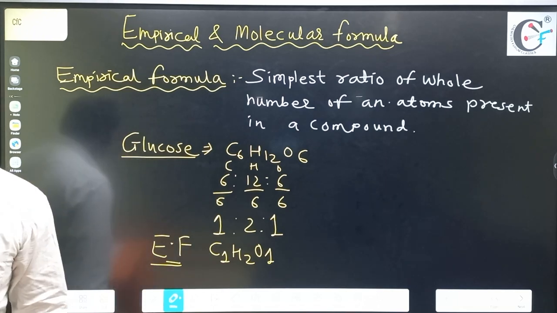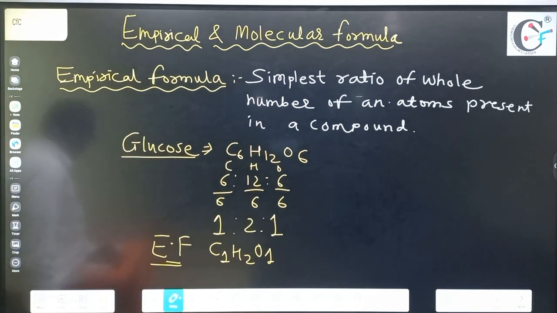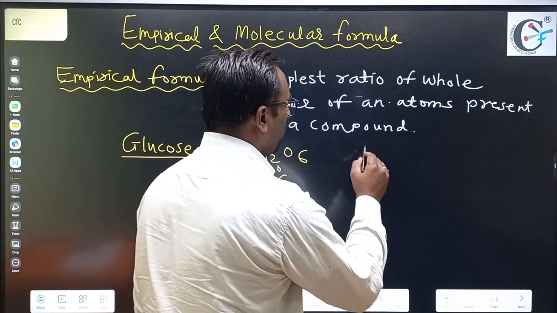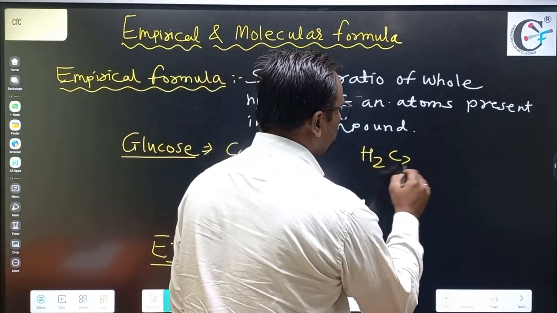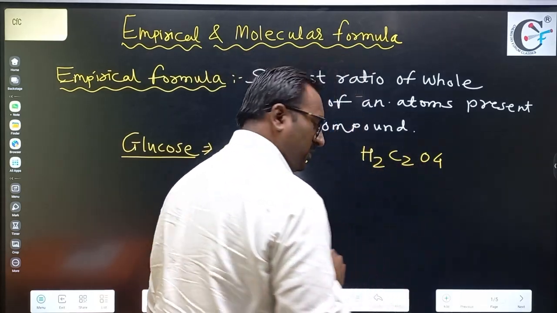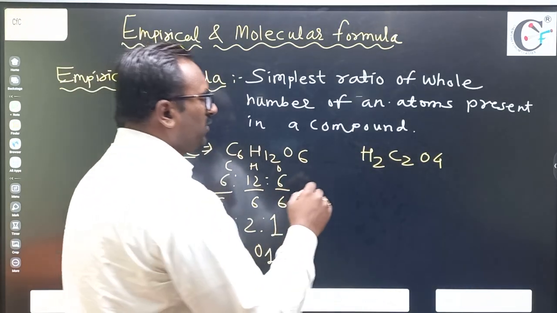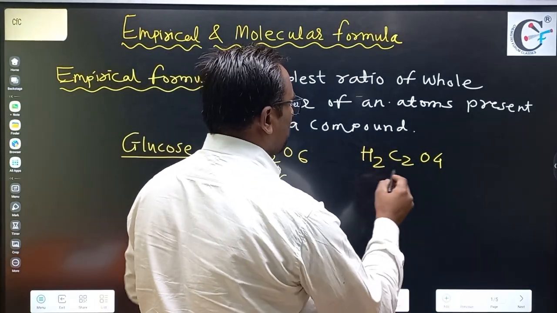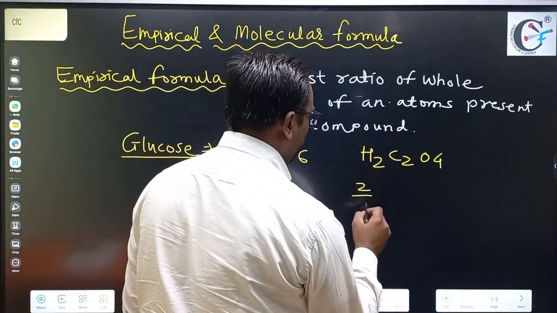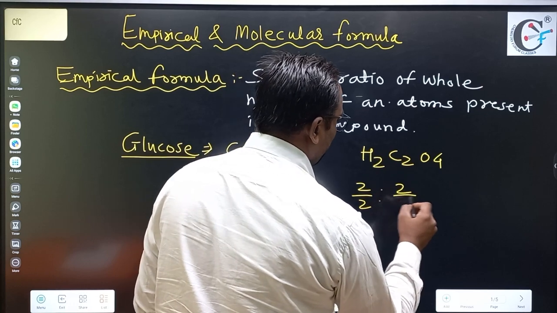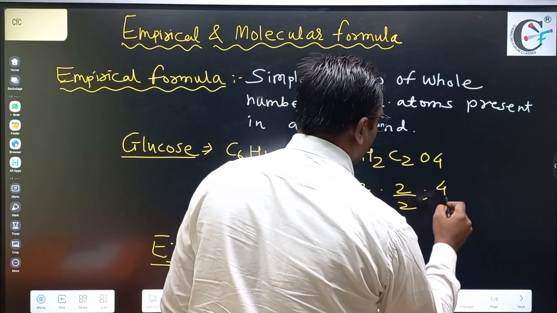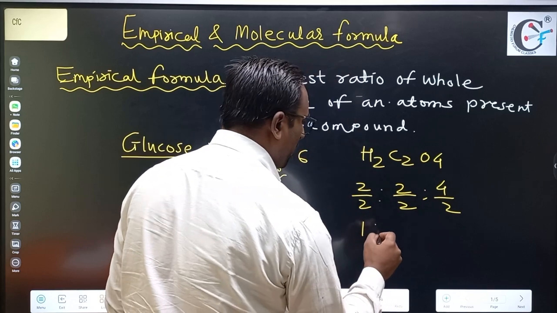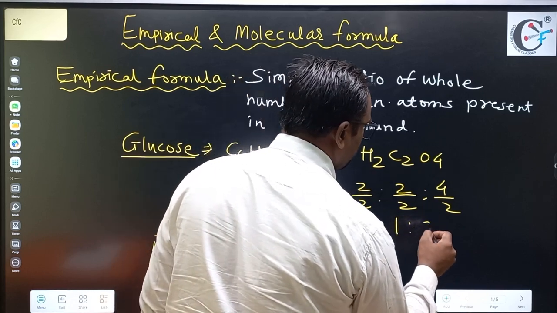Now, again we can take another example, oxalic acid, H2C2O4. To convert it into the simplest ratio, the smallest number is 2, so 2 divided by 2, 2 divided by 2, and 4 divided by 2. So we are getting the ratio 1:1:2.